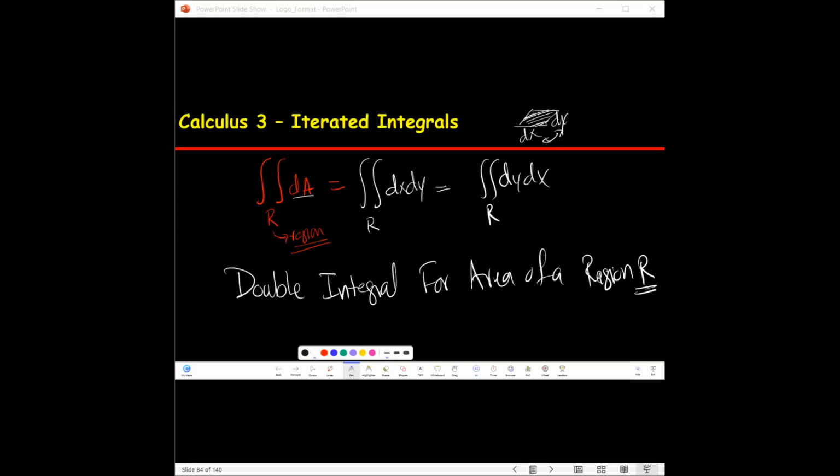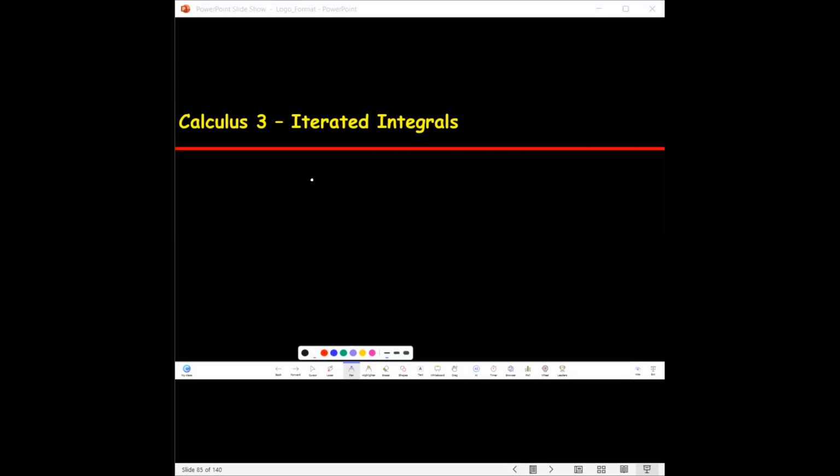Okay, so let's look at some examples. And I have a question. I need to solve this. What I have to solve is this integral. But in order to solve this one, before I do anything, I need the range.